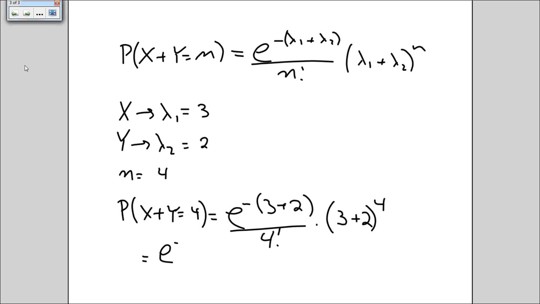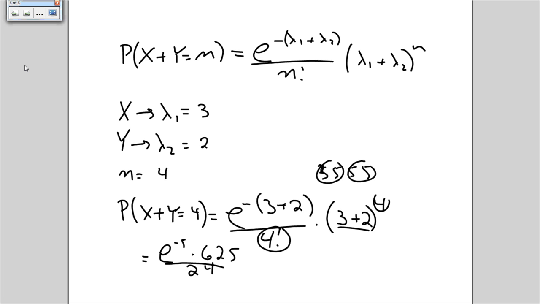It's e to the negative 5 times 5 to the 4th. 5, 5, 5, 5. 25 times 25, you really should know, is 625, divided by 4 factorial, which I think is 24. If you like, you can write 625 over 24 times e to the 5th.